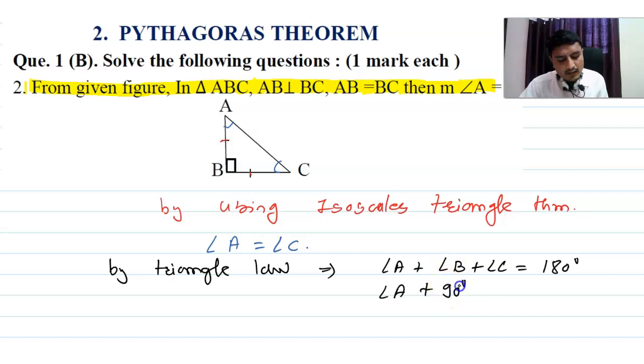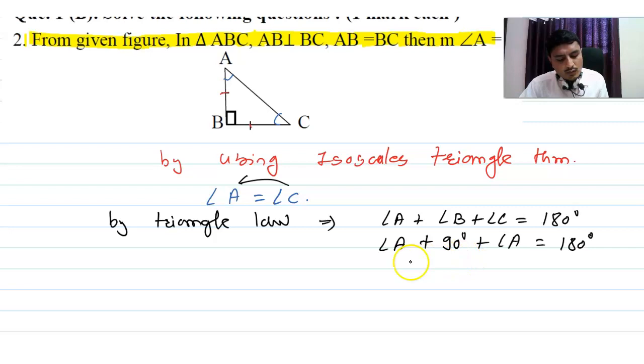Angle B is a right angle, that is 90 degree, while angle C is the same as angle A, so we replace angle C by angle A. So angle A plus angle A becomes 2 times angle A, and shifting the 90 degree from LHS to RHS, plus 90 becomes minus 90.